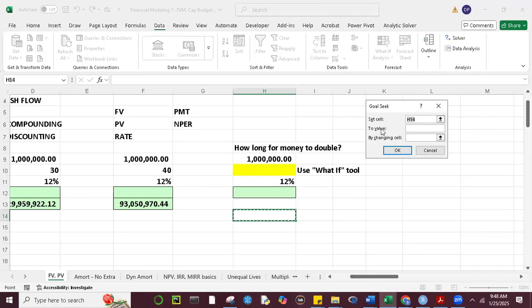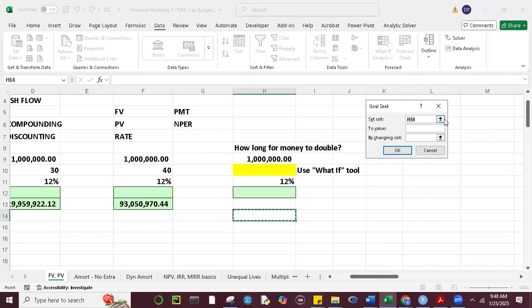Now, there are three important things here. First is Set cell, to value, by changing cell. So there are three parameters needed. Notice the two have arrows here. Before it was a spreadsheet icon. They changed the icon. How about in your case, class?